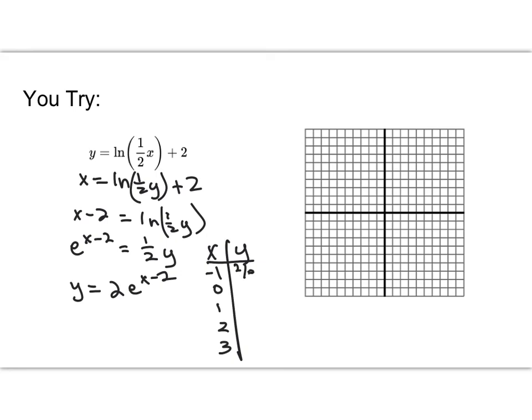So that's 2 over e cubed. When I plug in a 0, I get 2 over e squared. A 1 would be 2 over e. A 2 would be 2 times e to the 0. And a 3 is going to be 2e.